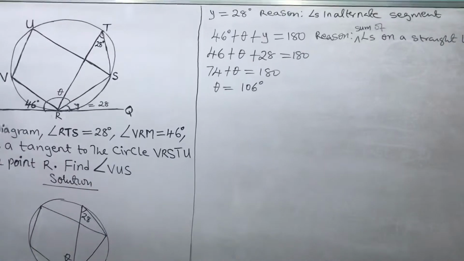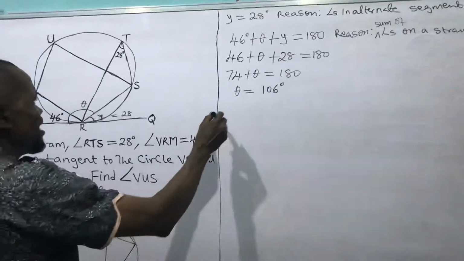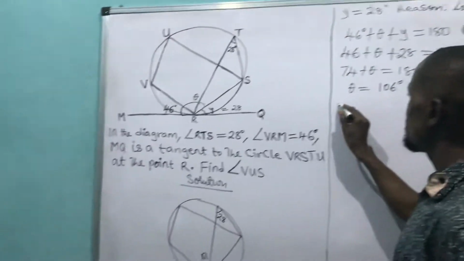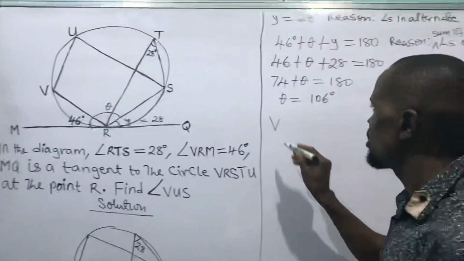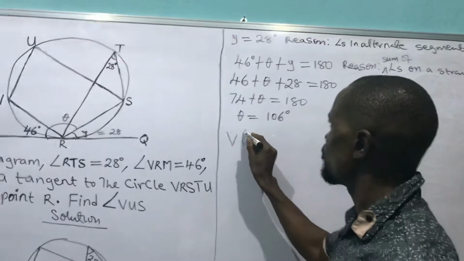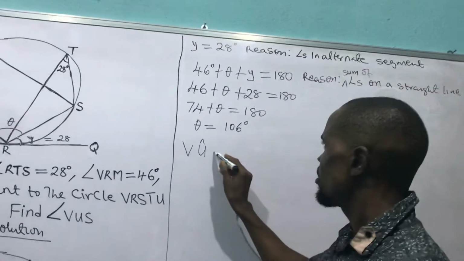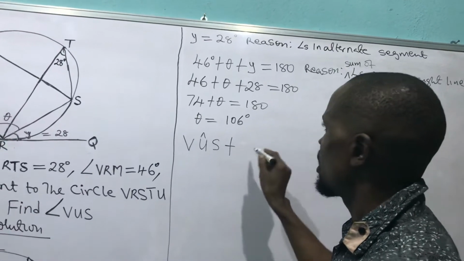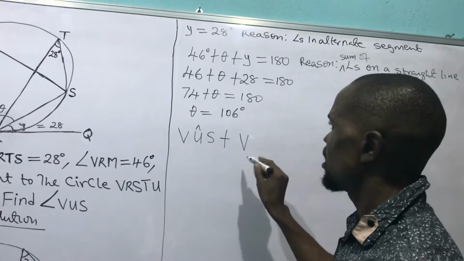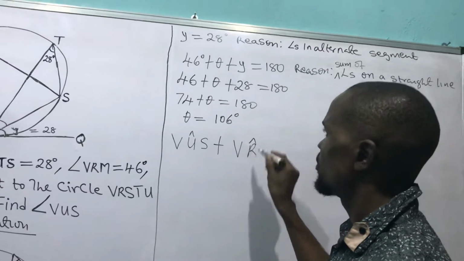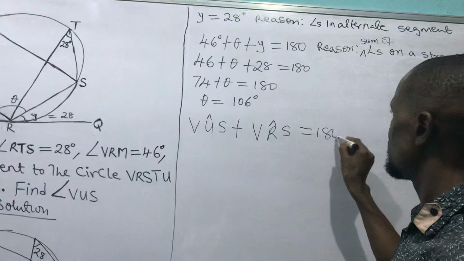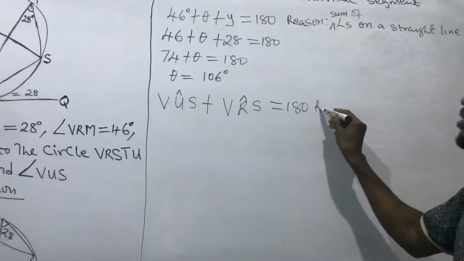Then now, if you look at here, I can say that angle VUX plus angle VRX is equal to 180. Reason: what's the reason?